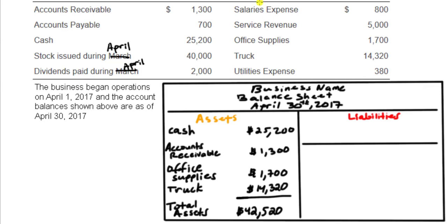Cash, stocks, dividends, no. So, okay, we have one liability. We have an accounts payable of $700 as of April 30th, 2017. So we have an accounts payable balance of $700. Okay, there is our liabilities section.